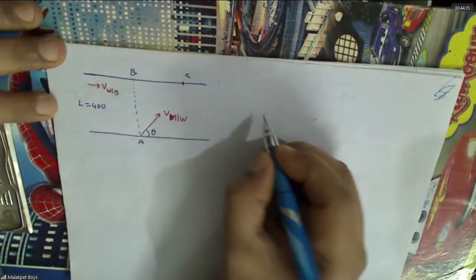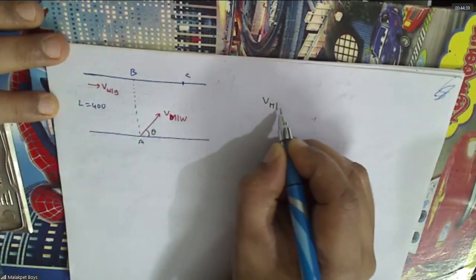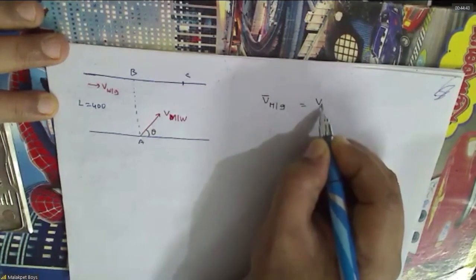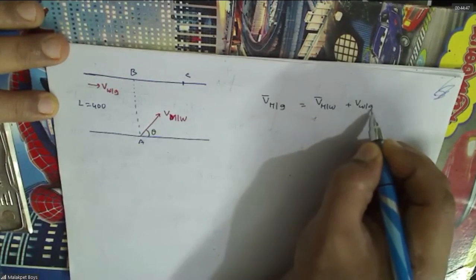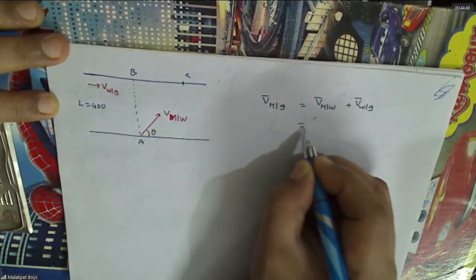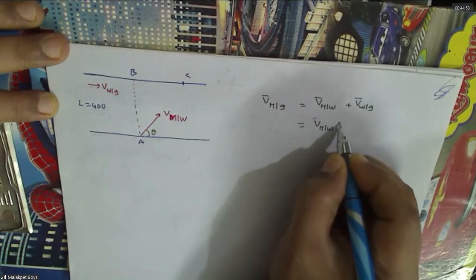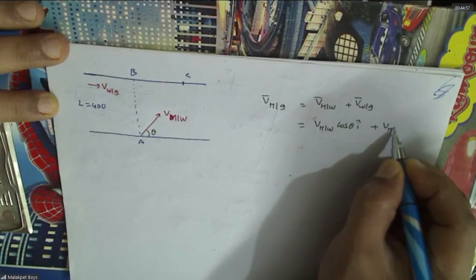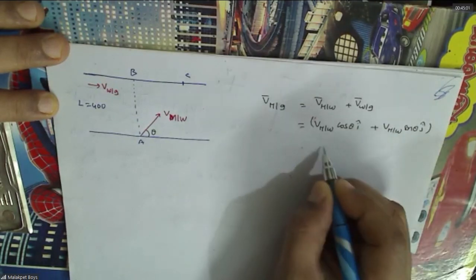Now you can see the velocity of man with respect to ground is always what? Remember this? So here man with respect to water is cos theta i cap plus sin theta j cap, vectorially.